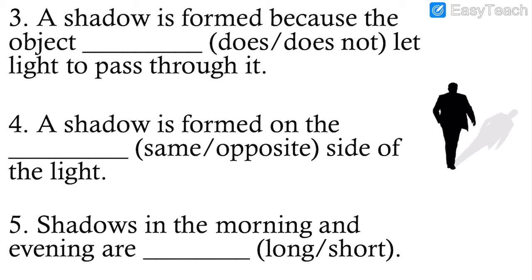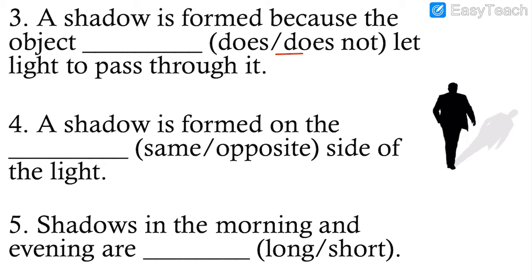I had shown you an example of the tree: the sunlight is falling on the tree and the tree blocks the light, so the shadow of the tree is formed on the opposite side. In the same way, here it is asked whether the object lets the light pass or does not let the light pass.